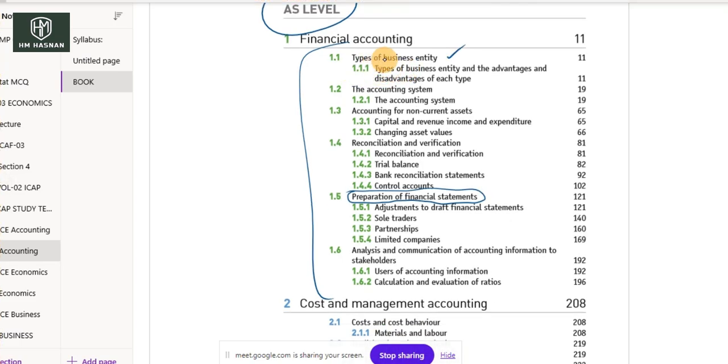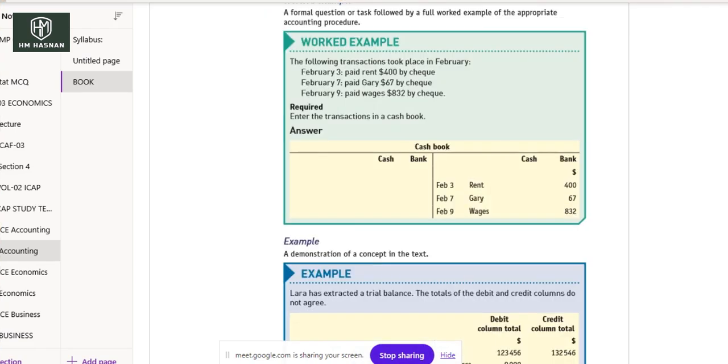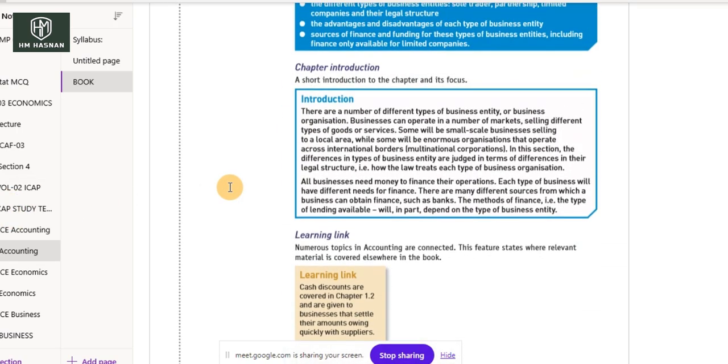Now start types of business entity 1.1. And remember one thing, if there is a huge difference between two of you, either a second edition or a third edition, then we can arrange a separate class for both of you, okay? Because maybe in future you are going to be in different directions, because there are a lot of changes in the third edition.